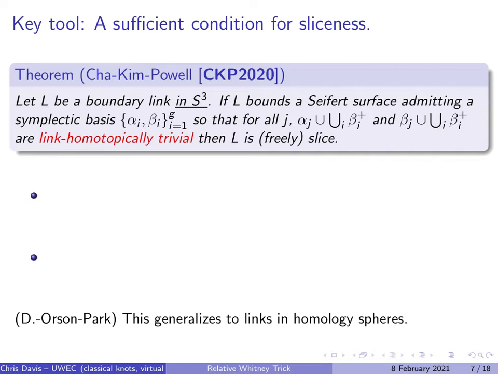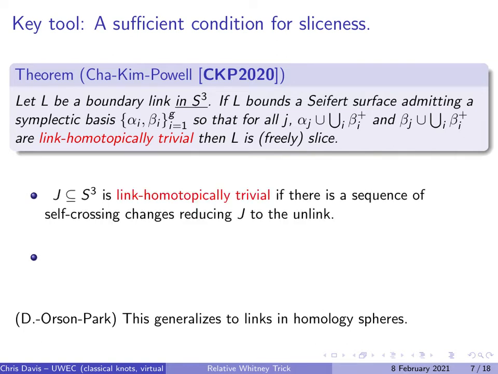Now, I'll explain some of the words, namely link homotopy, right now. So a link is link homotopically trivial if there is a sequence of self-crossing changes reducing that link to the unlink. And as a remark, this is not what I've been referring to as homotopy of links in the past.